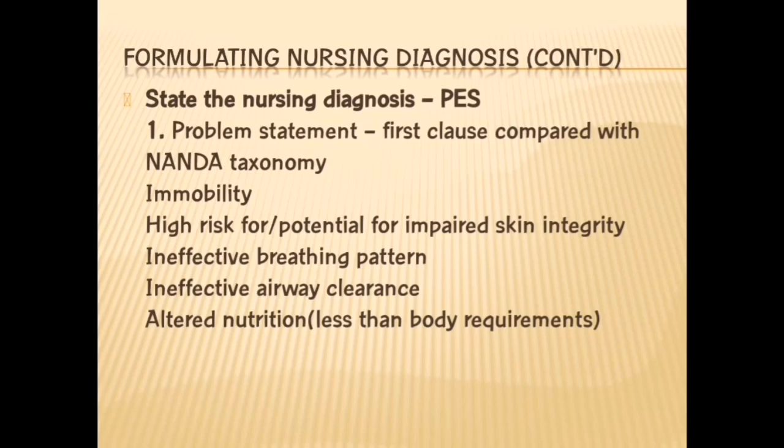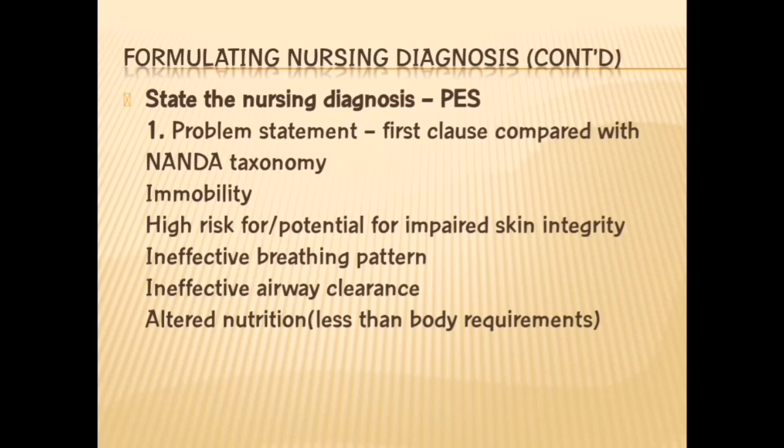Now, we need to state our nursing diagnosis. First of all, we'll use the acronym PES. The first one is the problem statement. That is the first clause that is compared with the NANDA taxonomy.